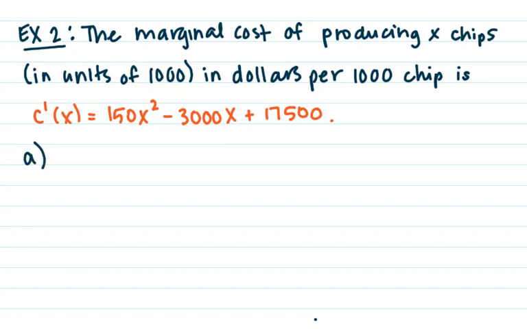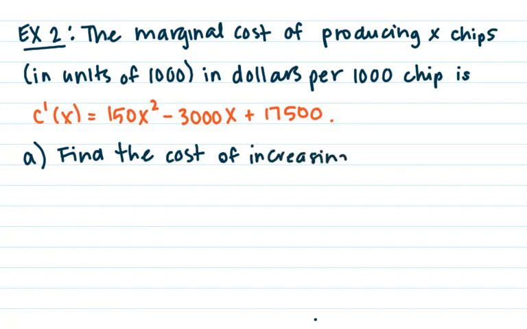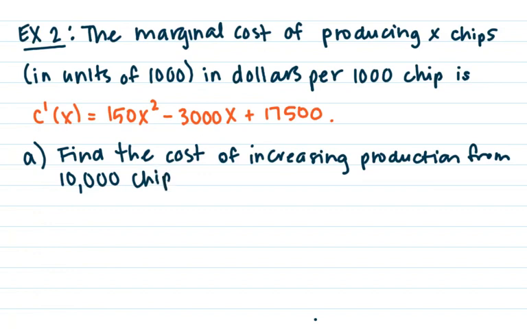So this one has an A and B. For part A, it says find the cost of increasing production from 10,000 chips to 15,000 chips.